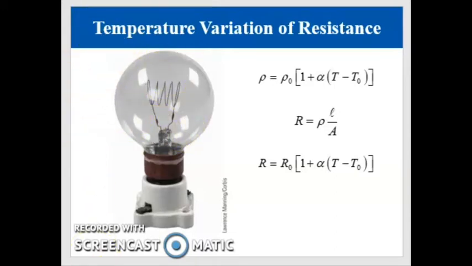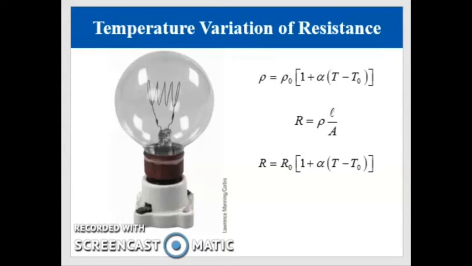Over a limited temperature range, the resistivity of most metals increases linearly with increasing temperature according to the expression given here, where ρ is the resistivity at some temperature T in degrees Celsius, ρ0 is the resistivity at some reference temperature T0, which we usually take to be 20 degrees Celsius, and alpha is a parameter called the temperature coefficient of resistivity.